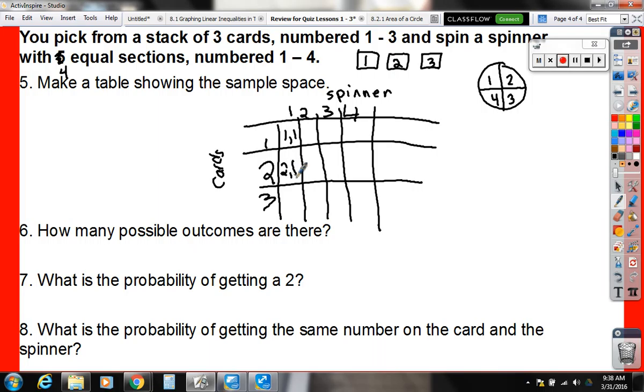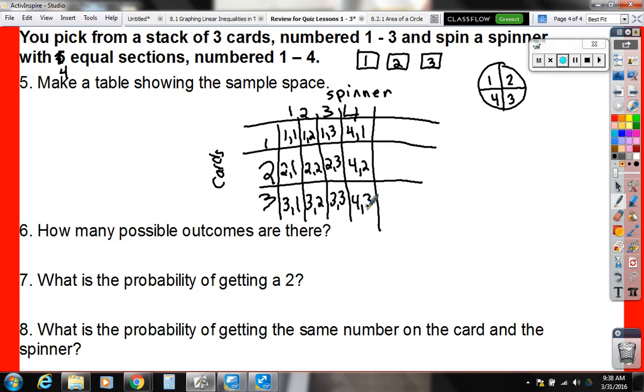Or we could pick a 3 out of the cards and spin a 1 on the spinner. And we have the same thing over here. We could do a 1 and a 2, or 1 and a 3, a 2 and a 2, a 3 and a 2. No, it would be 1 and 3, 2 and 3, 3 and 3, 4 and 1, 4 and 2, and 4 and 3.